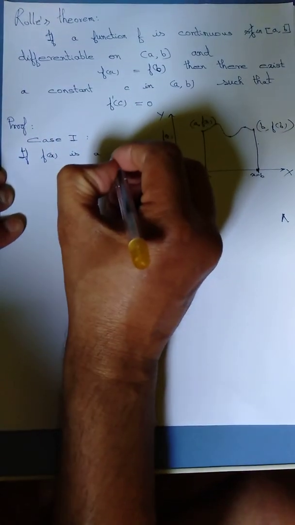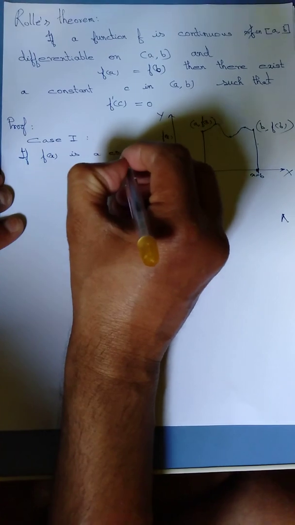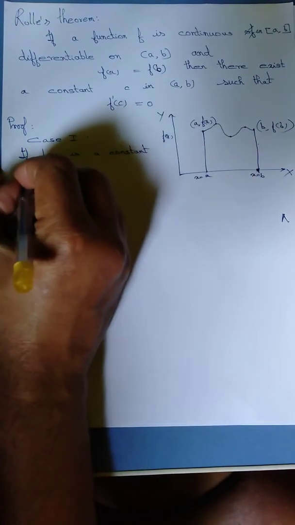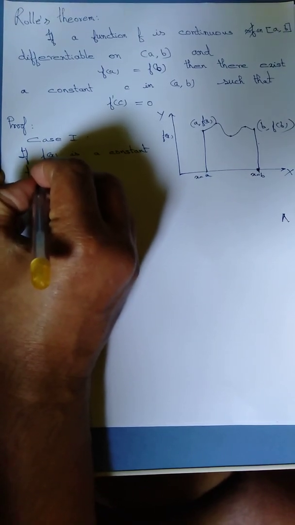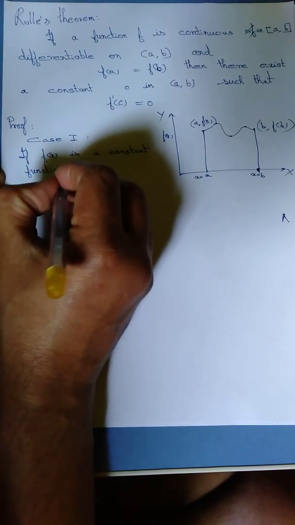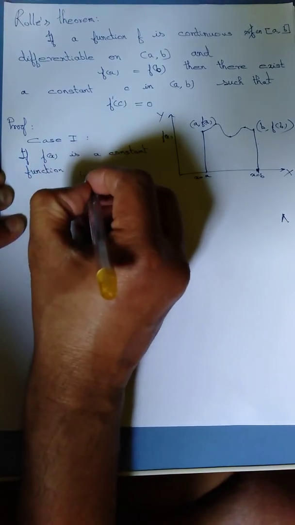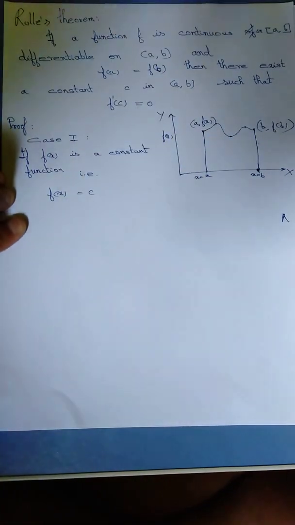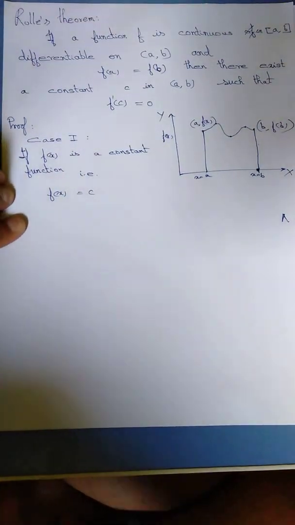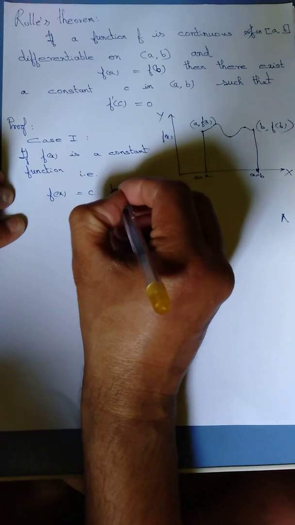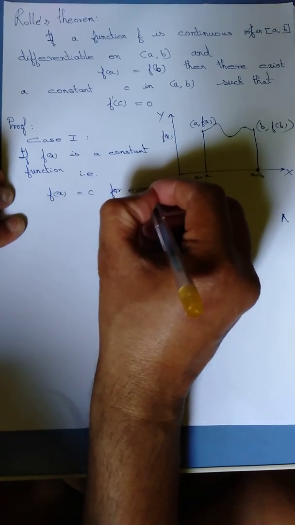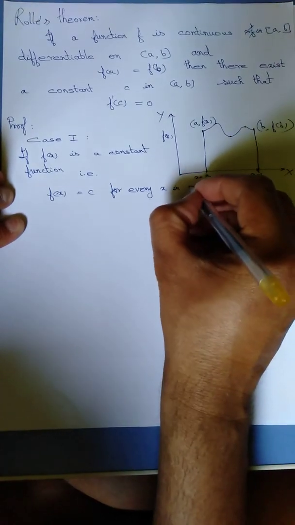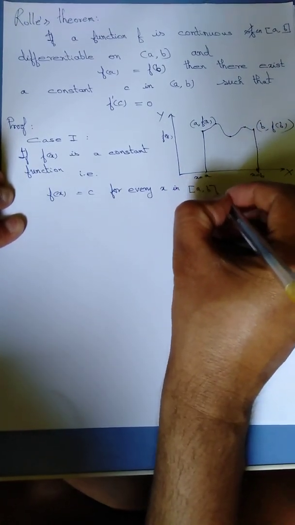If f(x) is a constant function, that is f(x) equal to some constant c for every x in closed interval a comma b.